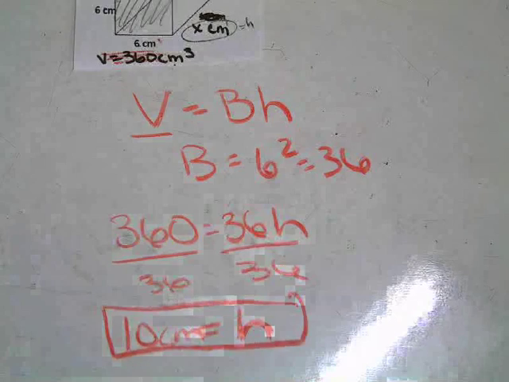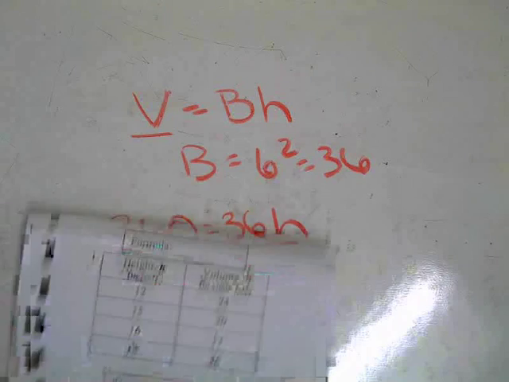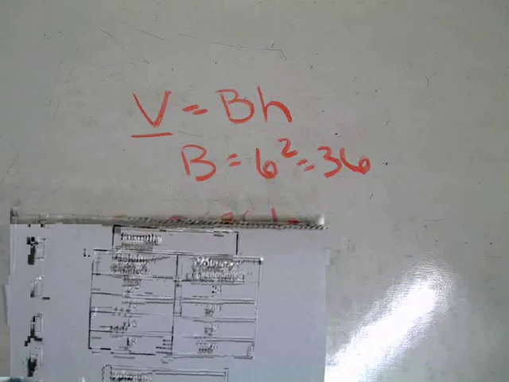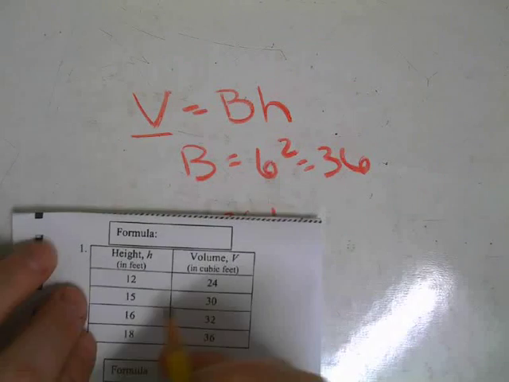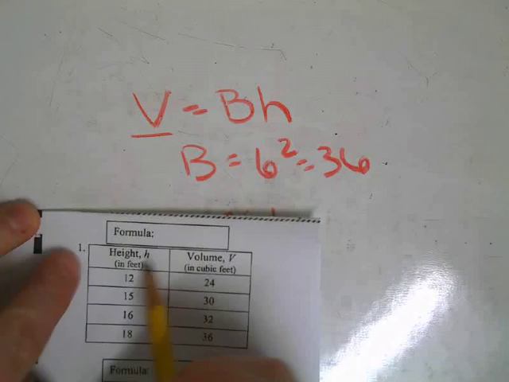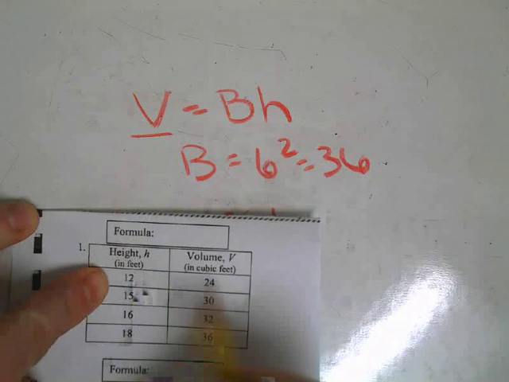We need to be able to work backwards to find the volume of a prism. And then I have one more example. If I'm given the chart, I need to be able to come up with the volume. So I look at my chart. If the height is 12, I need to figure out what I multiply by 12 to get to 24.